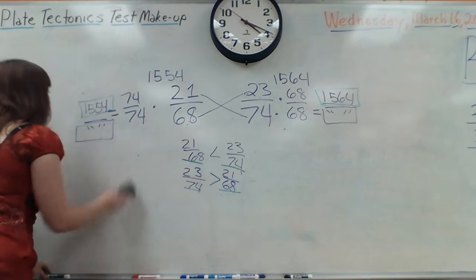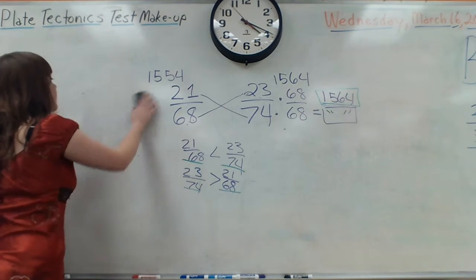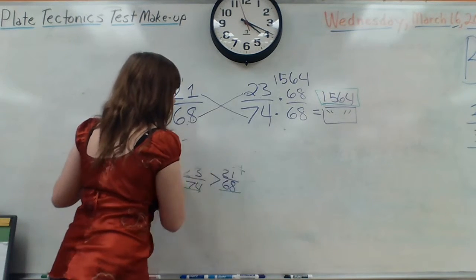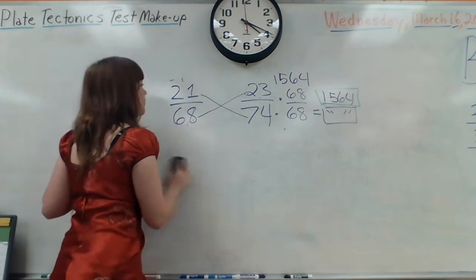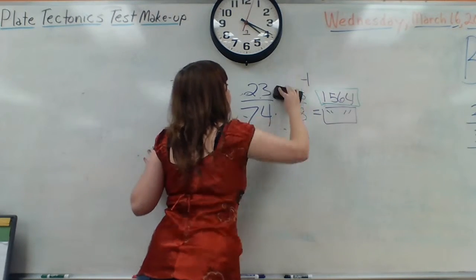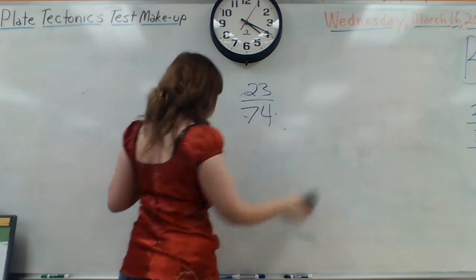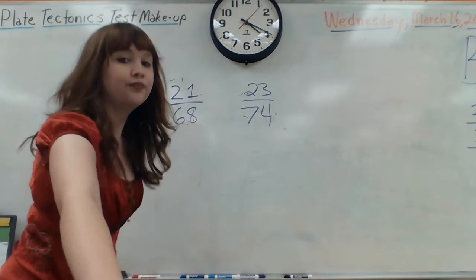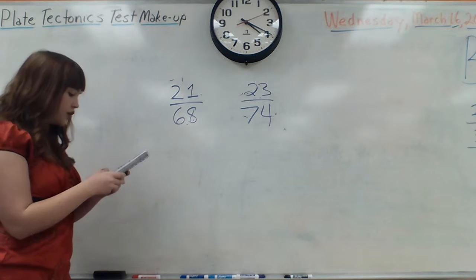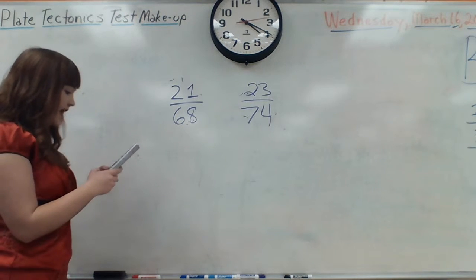The next method I'm going to show you is how to convert these numbers into decimals. To do this, we're going to pick up our calculators and divide 21 over 68.